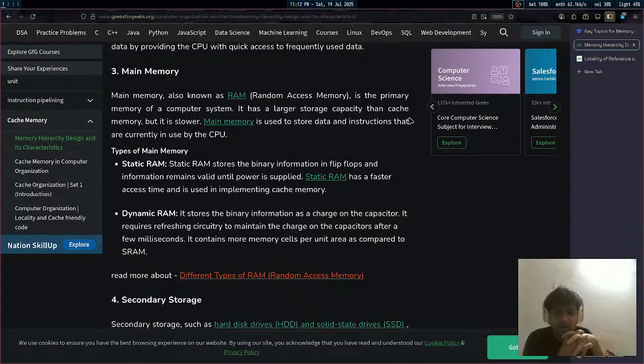Static, I don't know what static uses, but I know DRAM uses a capacitor, which makes it a little bit slow, in that it requires a little bit of time to refresh itself and continue working with new data. So it is slower, but it can have more space, like it can accommodate more memory. So that is it. And static RAM does not require that.